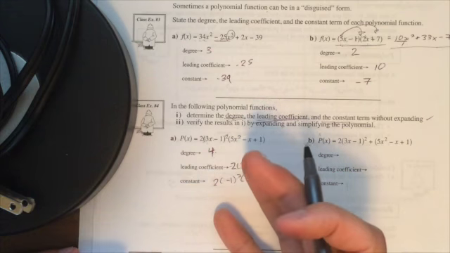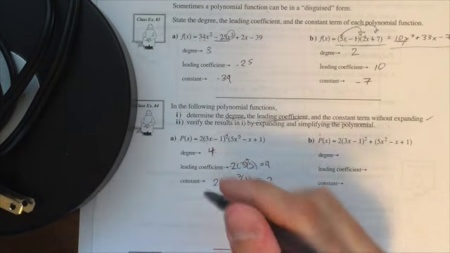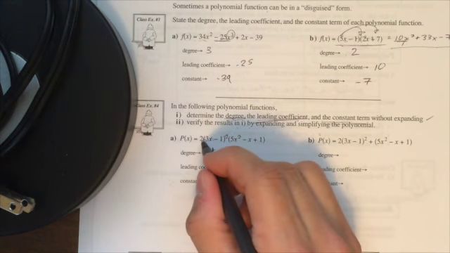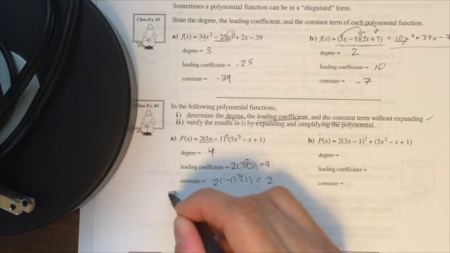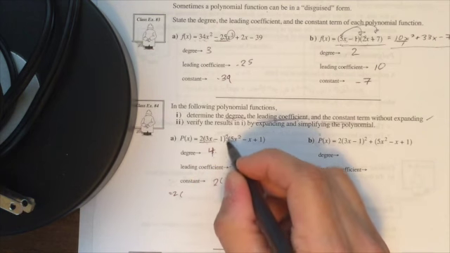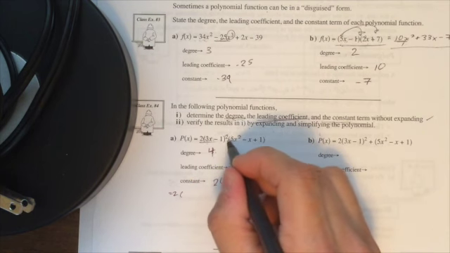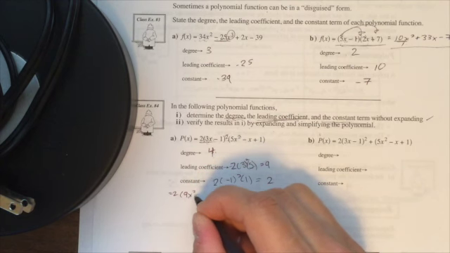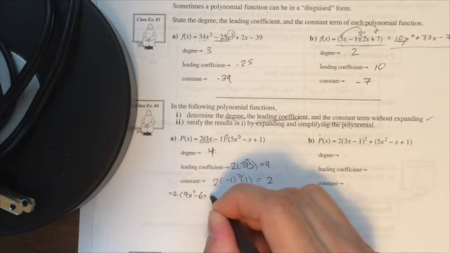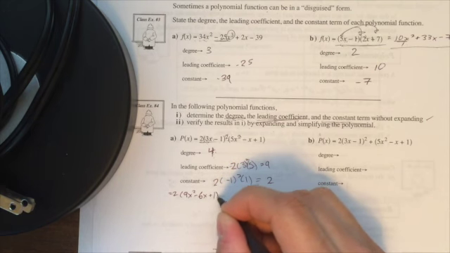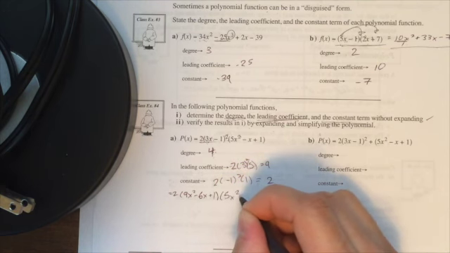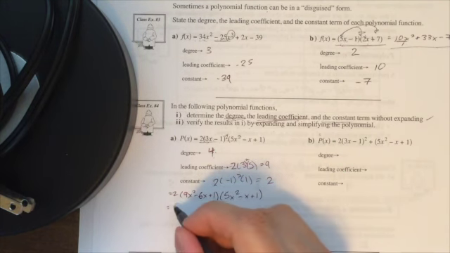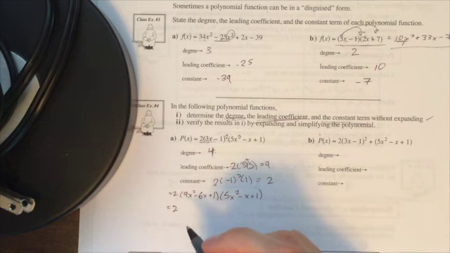And so now what we want to do is expand and simplify. Let's start with this side over here. I'm working with 2, and if I square this portion, I'm going to end up with 9x squared minus 6x plus 1, and I'm going to multiply that by 5x squared minus x plus 1. Now I'm not going to multiply everything by 2 yet.